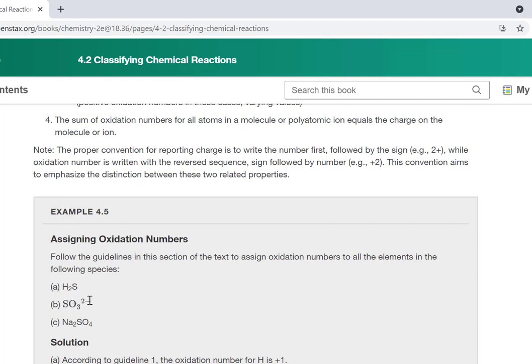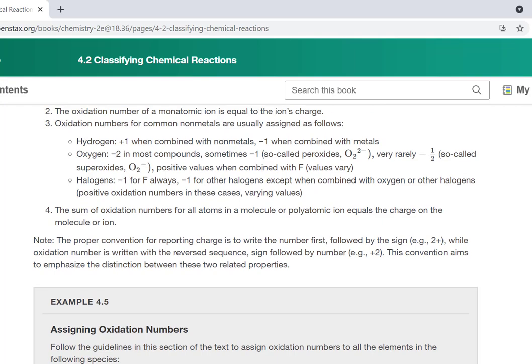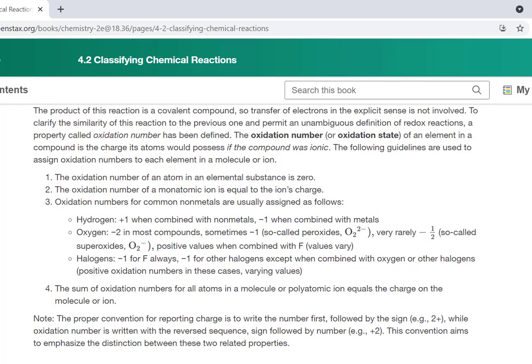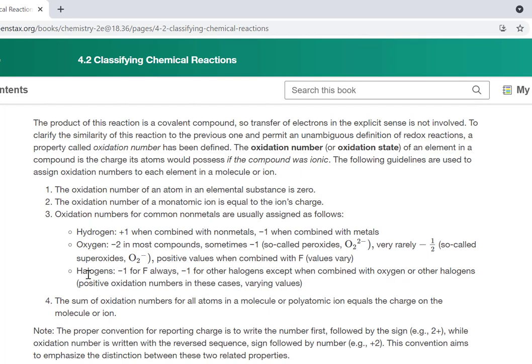So everything here adds up to a -2. So how we use the fourth rule is we use the things in here as, okay, we know what these are, and then whatever else you have, we know what it adds up to, and from there we figure out the other parts of that. And that's how we assign oxidation numbers.